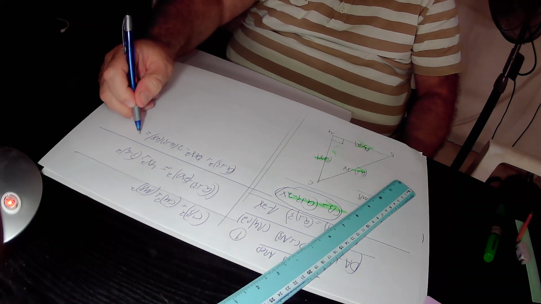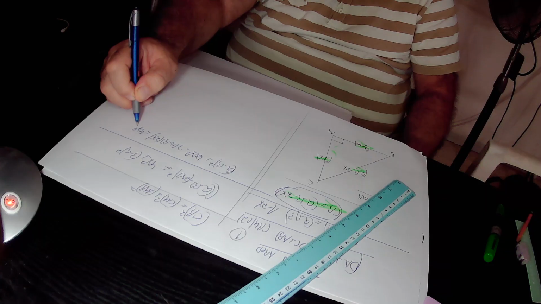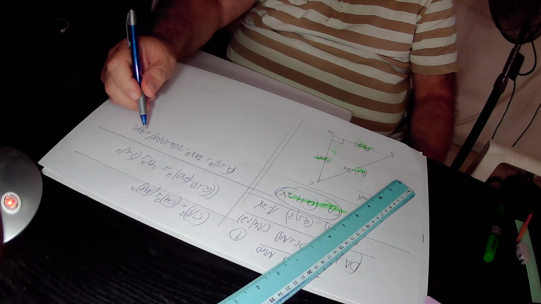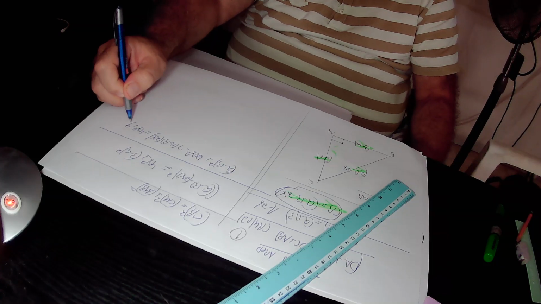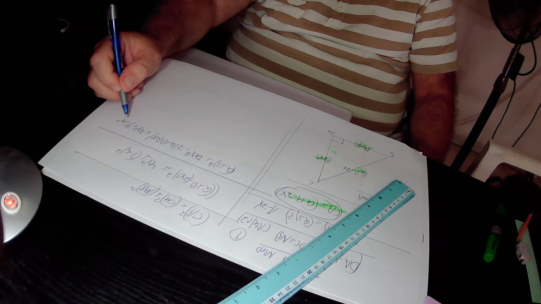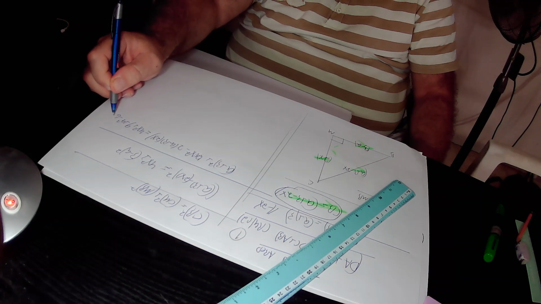And it equals 4x squared plus (3 minus A) squared. (3 minus A) squared equals 3 squared, that is 9, plus A squared minus 2 times 3 times A, that is minus 6A.